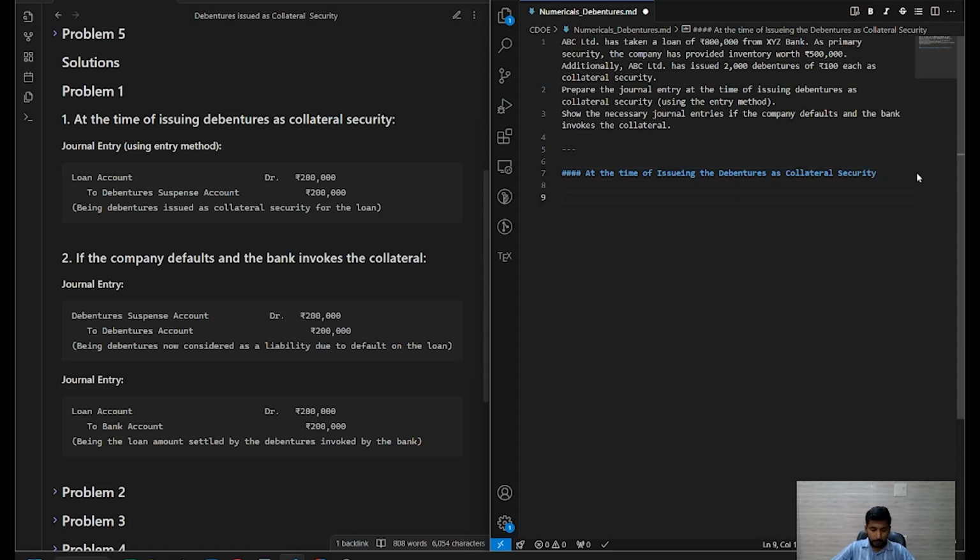So for that, the journal entry using entry method will be loan account debit to debenture suspense account.